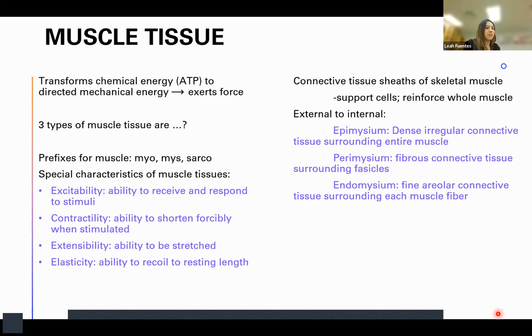Contractility, which is the ability to shorten forcibly when stimulated. Extensibility, ability to be stretched. And then elasticity, which is the ability to recoil to resting length. So again, you are going to want to know these 4. This can show up in a matching question, or just having to identify which word belongs to which definition.